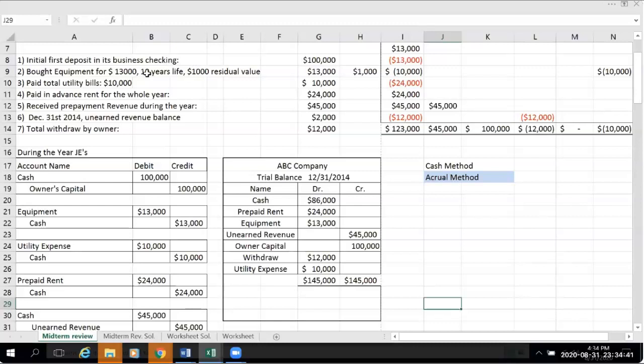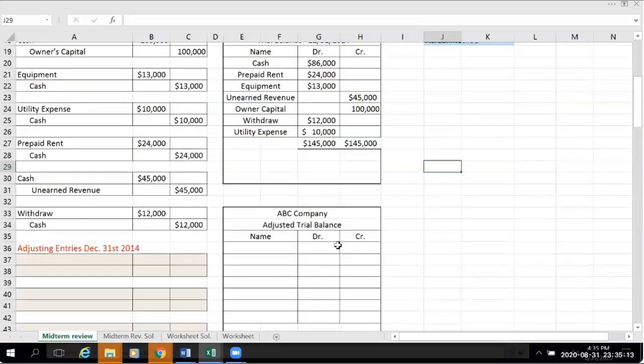Yes. Those 10 years life and residual value, those are estimations that you do as a bookkeeper, and you use these estimation numbers at the end of the year to do adjustment for depreciation. We are not there yet. We just want to know, as of December 31st of 2014, what do we have before adjustment here?